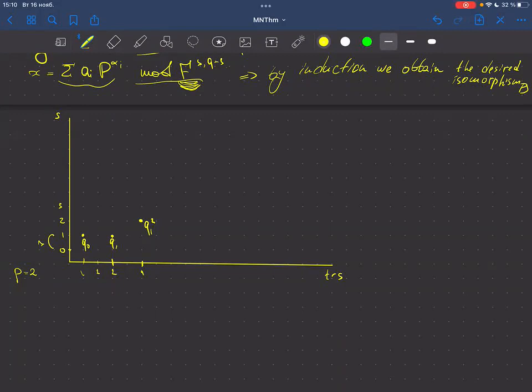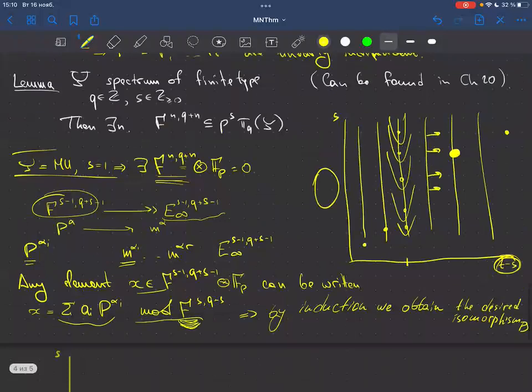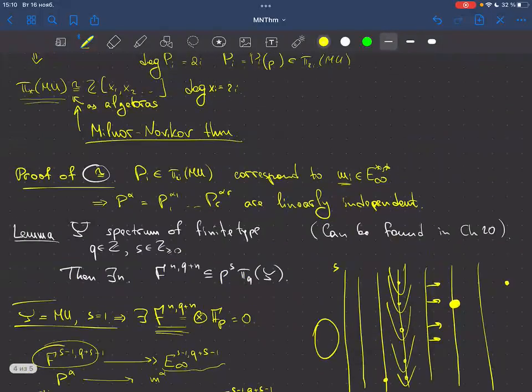Нет, но я же не говорю, что у тебя элемент фильтрации обязан делиться. Я просто сказал, что умножение один раз на P сдвигает фильтрацию как минимум на единицу. Из этого следует, что фильтрация влезает для какого-то конкретного номера.